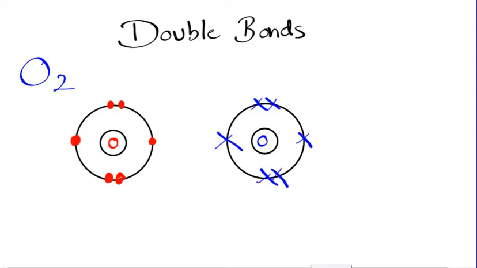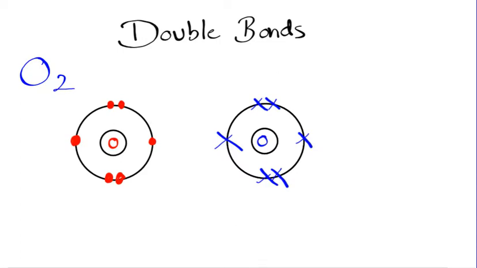So I'm going to use an oxygen molecule as an example where you've got 2 oxygen atoms involved. Oxygen is in group 6, so it has 6 electrons in its outer shell. To be stable, oxygen wants 8 electrons in its outer shell, so each oxygen atom needs 2 electrons.